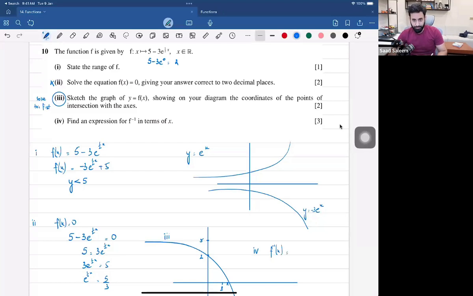It's going to be 2 ln 5 minus x upon minus 3. That's correct. Or you can also write it as 5 minus x upon 3 or x minus 5 upon minus 3. So x minus 5 upon minus 3 will also work, or 5 minus x upon 3 will also work.